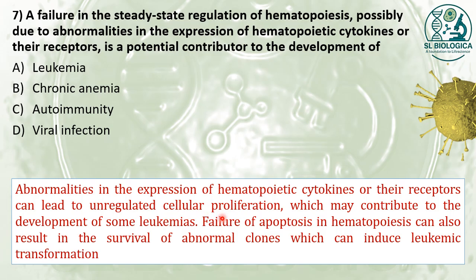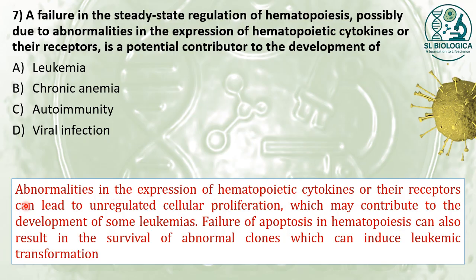So unregulated cellular proliferation is what? It is something which is associated with cancer, right? Cancer is the uncontrolled proliferation of cells. We know about that. So once these hematopoietic cytokines are abnormally expressed, it will lead to unregulated cellular proliferation.